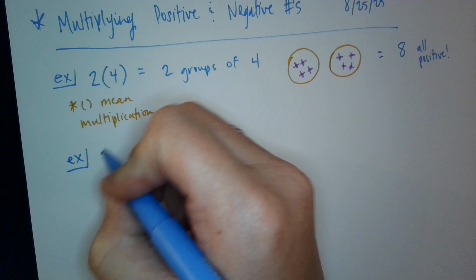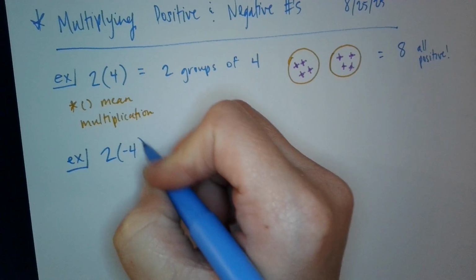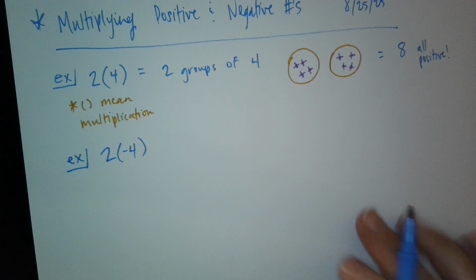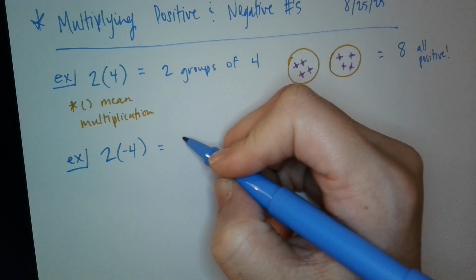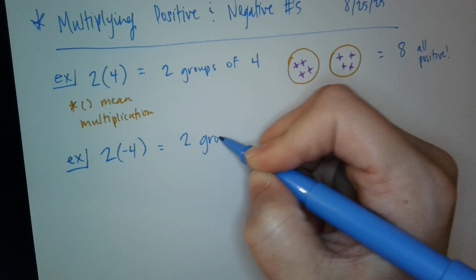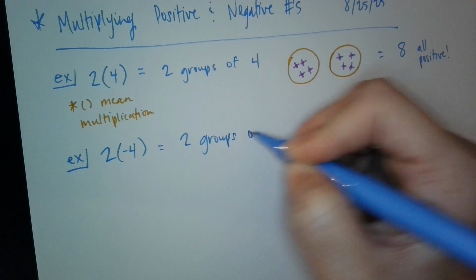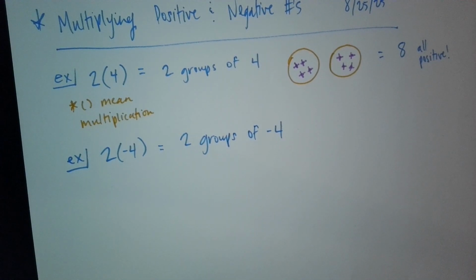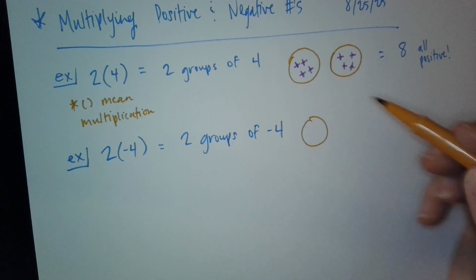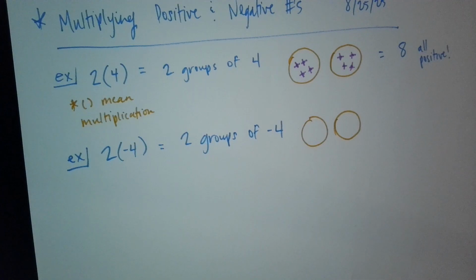Next example. What if it was like this? 2 times negative 4. Same thing, but with negative 8. Yes. So it'd be 2 groups of negative 4. Not 2 groups of 4, but 2 groups of negative 4. So once again, I have 2 groups. But inside each group is how many?